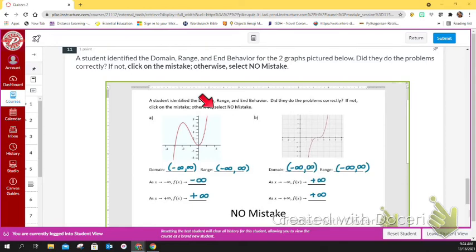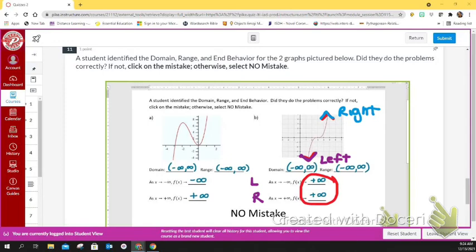So I agree. It looks to me like one of these is wrong, because this is an odd degree. One side goes down and one side goes up, so it shouldn't have the same behavior. This represents the left arrow, and this one is the right arrow.